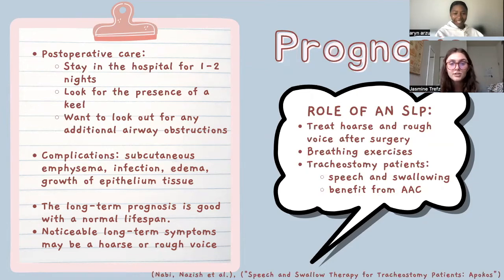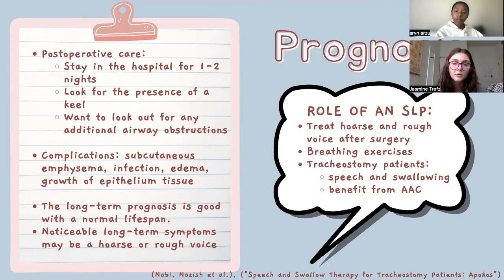Some complications for these treatments may include subcutaneous emphysema, infection, edema, growth of the epithelial tissue, and like I said, swelling. So the long-term prognosis is good for a normal lifespan, especially for these later interventions for the more mild webs.